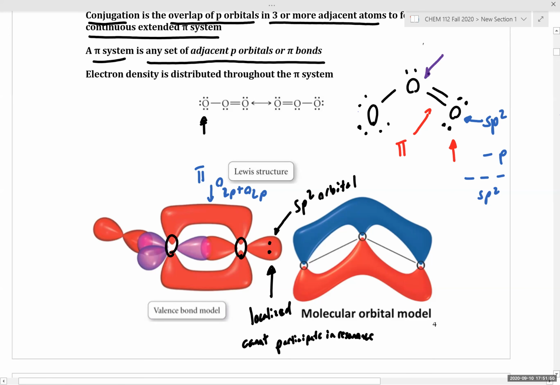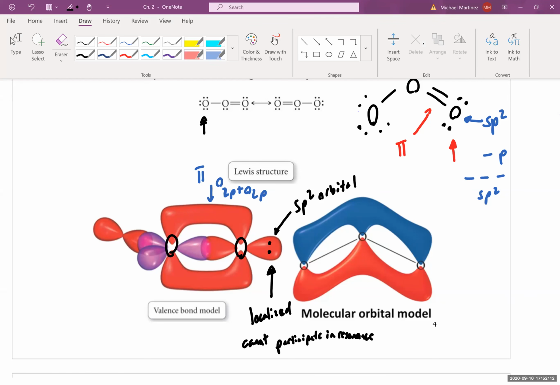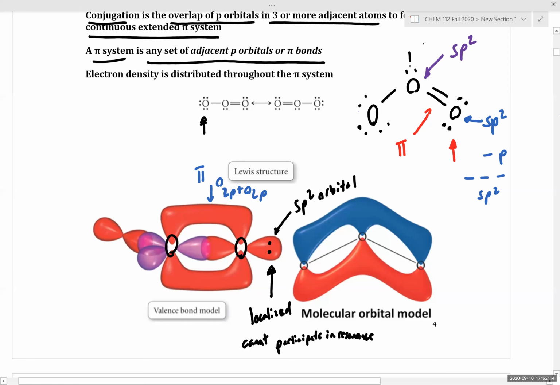Let's look at this central oxygen just to make sure we understand this point. What is the hybridization of this central oxygen? sp2, okay. So then my question to all of you is, this lone pair is found in what orbital?